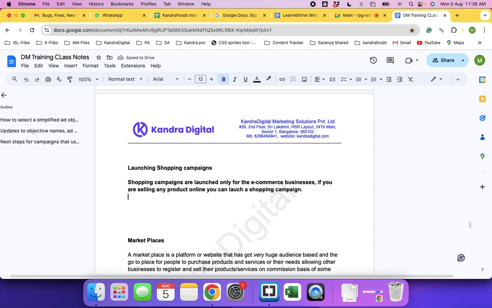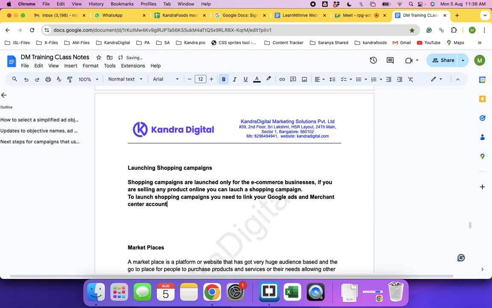To launch shopping campaigns, you need to link your Google Ads and Merchant Center accounts. Okay, Merchant Center. Okay.